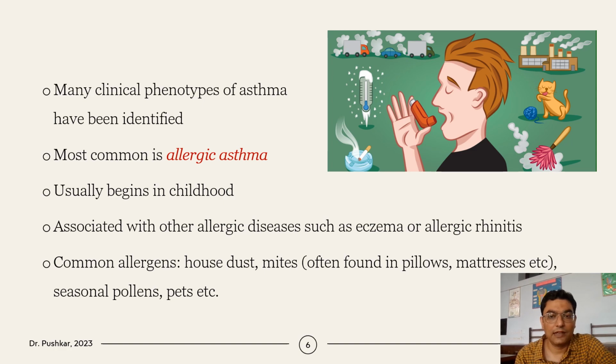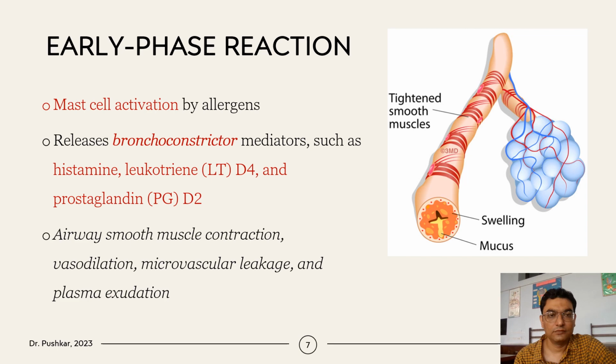Let's start with the early phase response. In the midst of the pathogenesis of asthma, there are mast cells. These mast cells are activated by the allergens, and this activation leads to two waves of reaction. First is the early wave or immediate phase reaction, and the second is the late phase reaction.